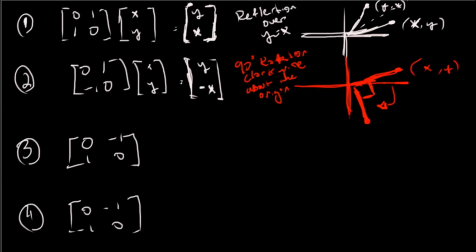Let's go ahead and look at, change up the color again, this one. Progressively getting better in terms of differentiating the problems. All right, so we're going to have negative y, and we're going to have x. So similar to 2, what's happening here? Let's draw a little picture.